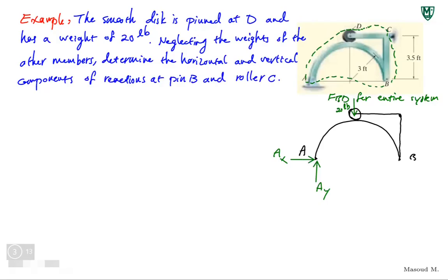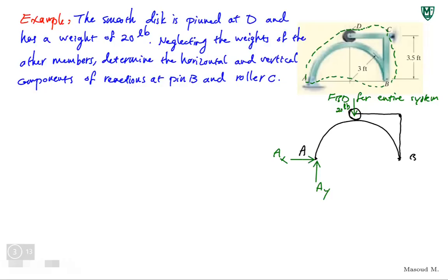BX and BY. Do we have support at B? Well, one step at a time. Let's start with B. B is part of the structure. We are not dismantling these two members, so we don't really have to put anything unless there was some kind of support there. B is not connected to any wall. There is no roller.